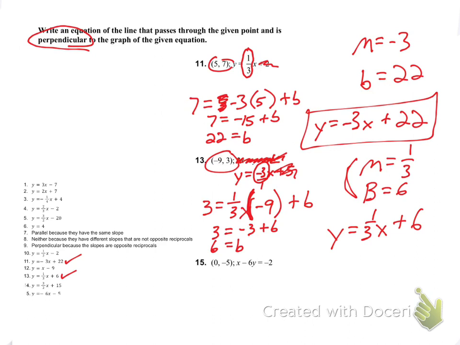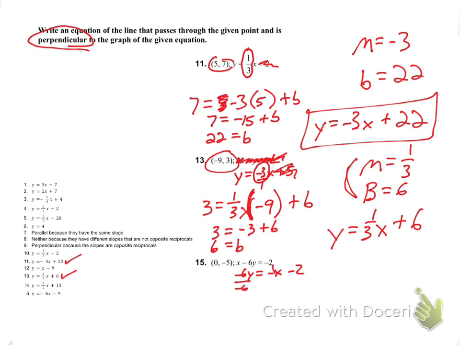All right, 15, last one here. Got to get it in y equals format, so I'm going to have to subtract x from each side. So I'll have -6y equal to -x minus 2. Then I've got to divide by -6.